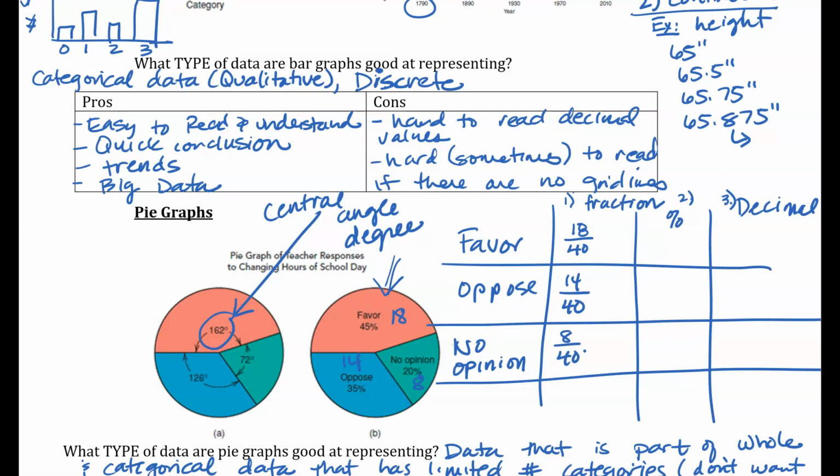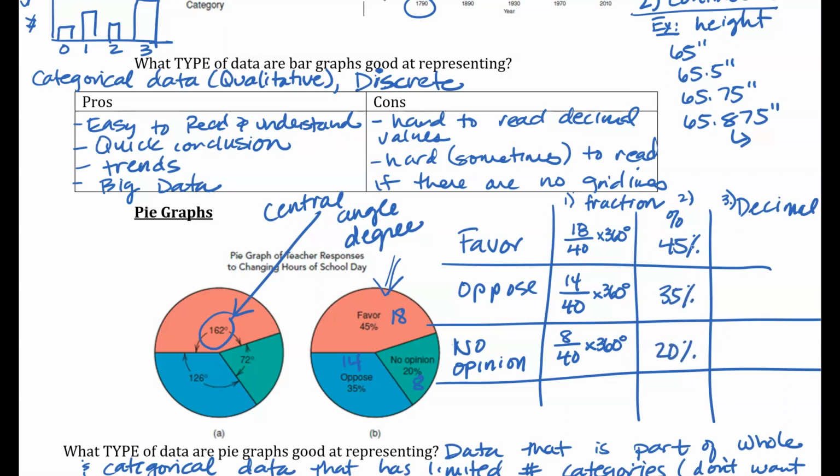Now, if you want the central angle degree, all you have to do is multiply that fraction by 360 degrees. And that would give you the number of degrees you would need for the piece. You could also do the same thing with the percentage. So in this case, favor is 45%, oppose is 35%, and no opinion is 20%.